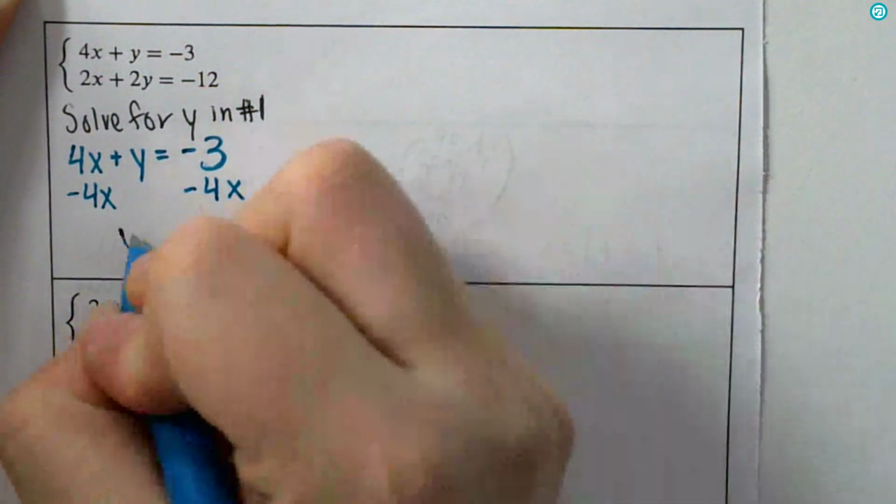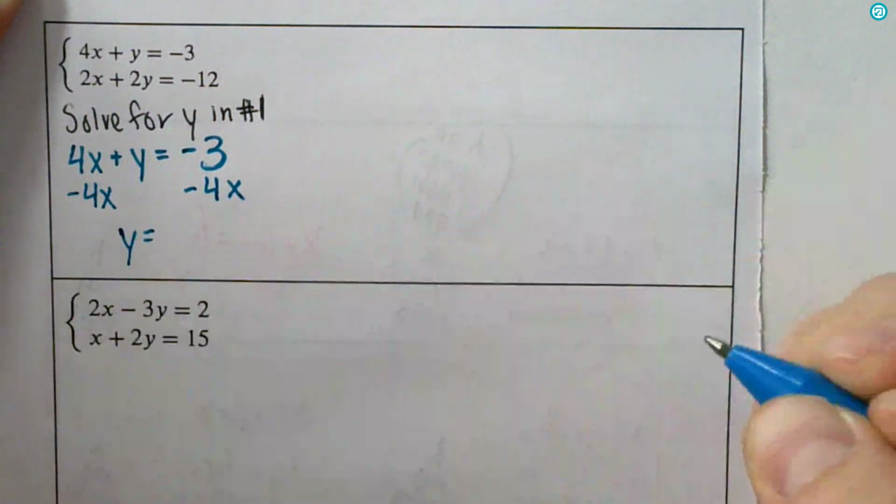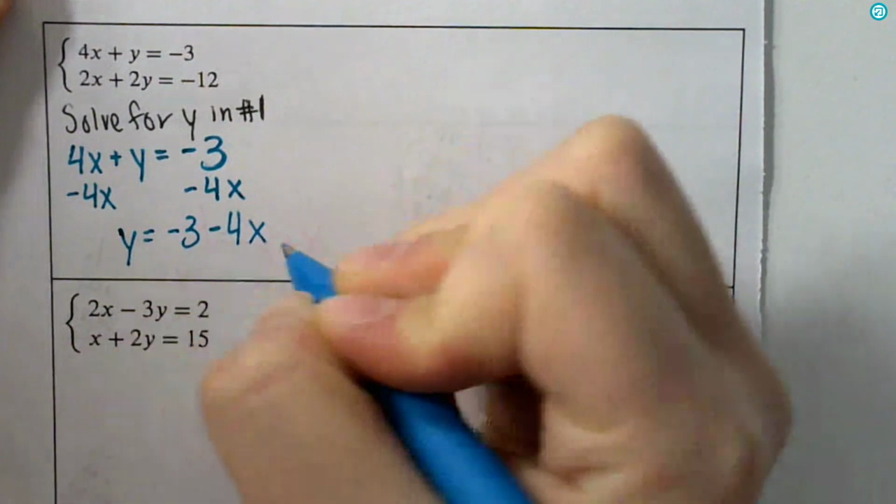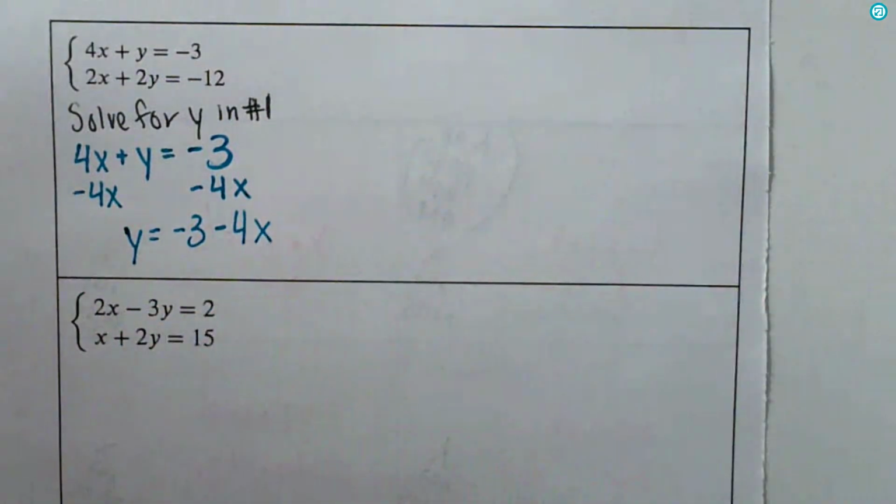I get y equals -3 minus 4x. Okay. Any questions about that?